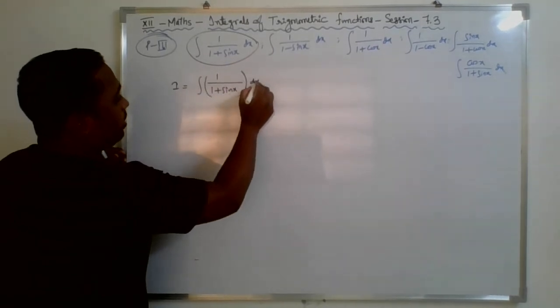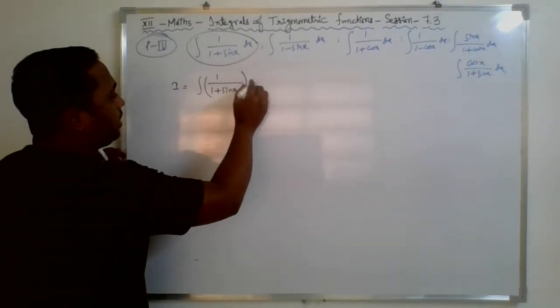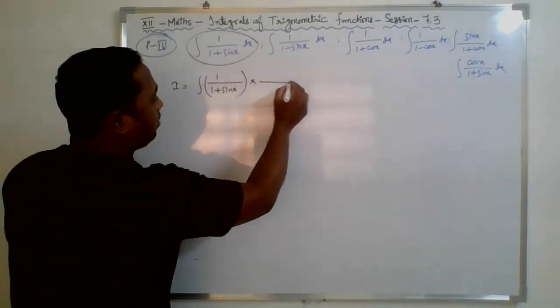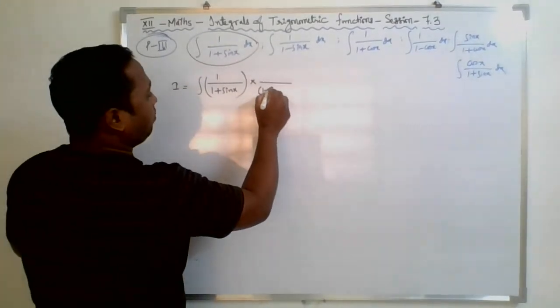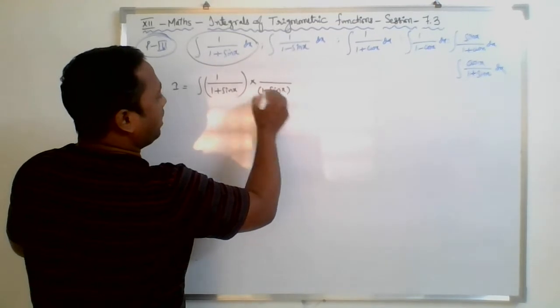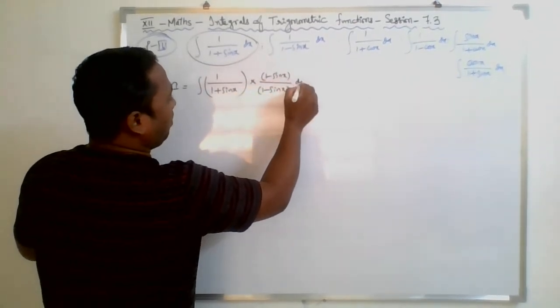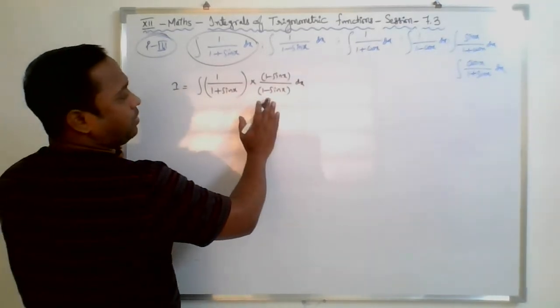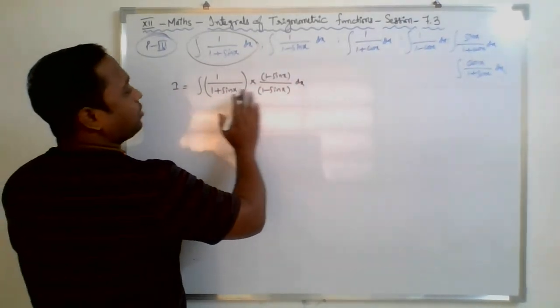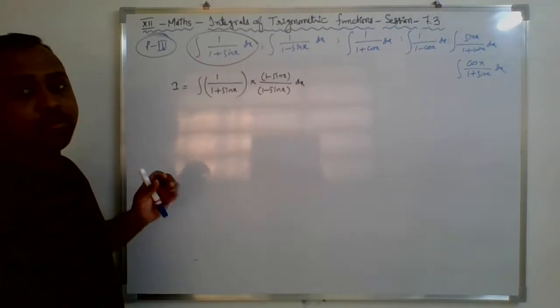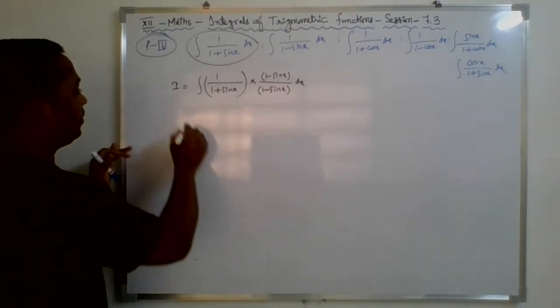If I do the rationalizing the denominator, it means I am multiplying the numerator and denominator with 1 minus sin x. If it is of a plus b, I will multiply with a minus b. If it is of a minus b, I will multiply with a plus b. That is the concept of rationalization.